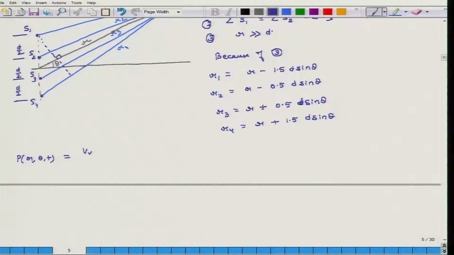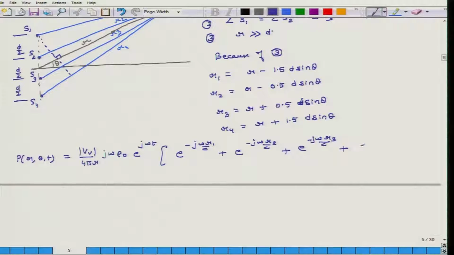So, the contribution from each source is VV divided by 4 pi R times j omega rho naught times e to the power j omega t, and in the brackets it is going to be e to the power minus j omega r1 over c plus e to the power minus j omega r2 over c plus e to the power minus j omega r3 over c plus e to the power minus j omega r4 over c.